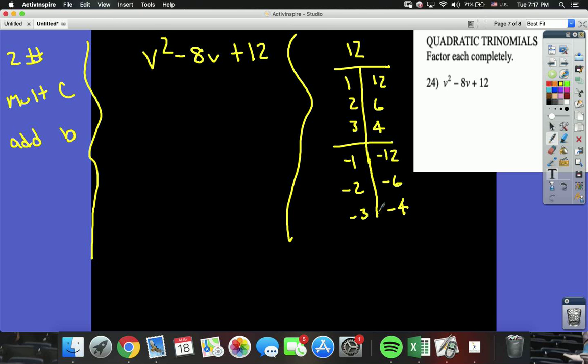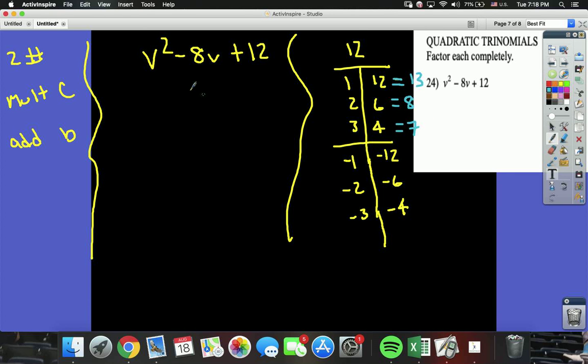Now I wrote all my possibilities. The problem is that I cannot use any of these top ones because 1 plus 12 gives me 13. 2 plus 6 gives me 8. 3 plus 4 gives me 7. All of these are not the -8 that I want.